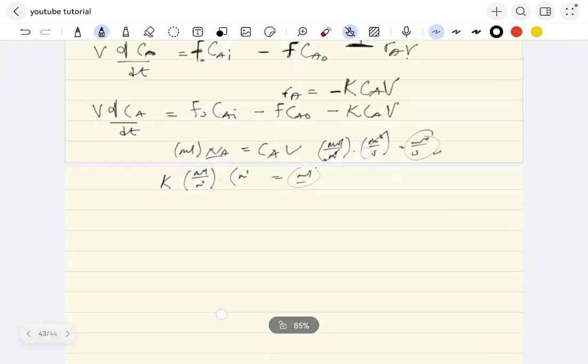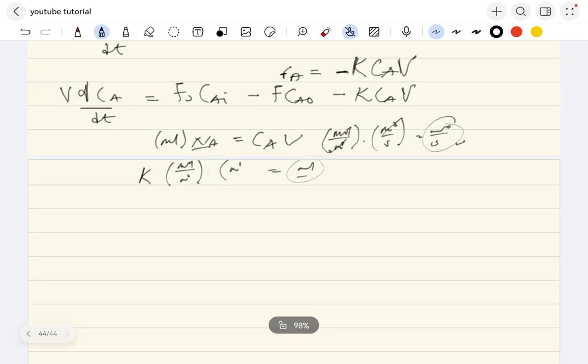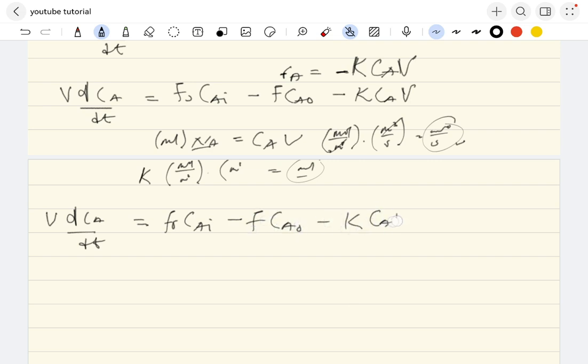So our equation now is: the volume of the reactor dCA/dt is F naught CAI minus F CA naught minus K CAV.